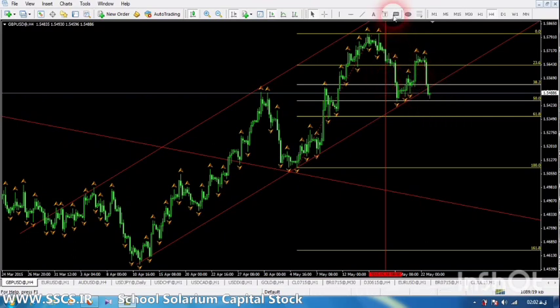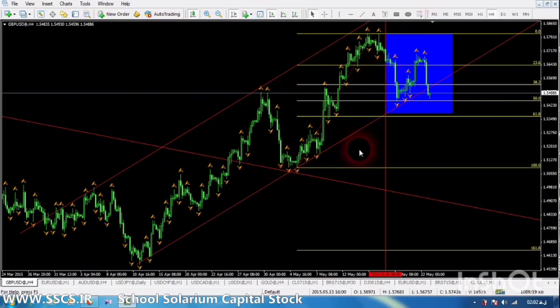So imagine you don't have this part of the chart. Ignore the highlighted blue part here, imagine it's not there. I have drawn my Fibonacci from low to high, and I have my trend line as well, and the price is here right now.